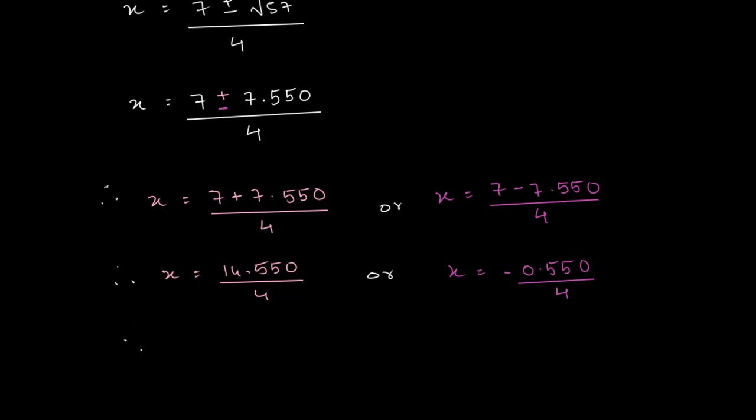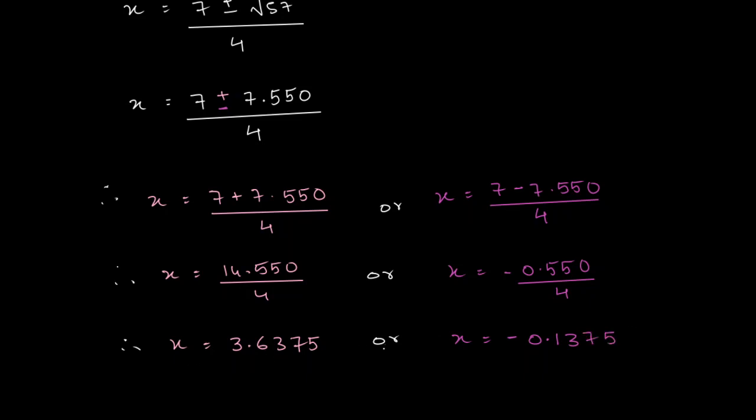Now if I divide these numbers by 4, 14.550 upon 4 is equal to 3.6375, or x is equal to minus 0.1375, right?